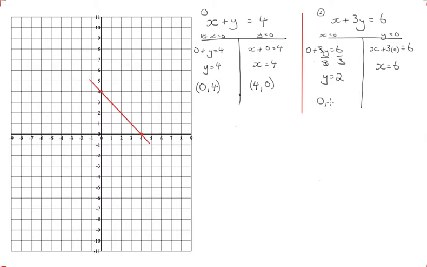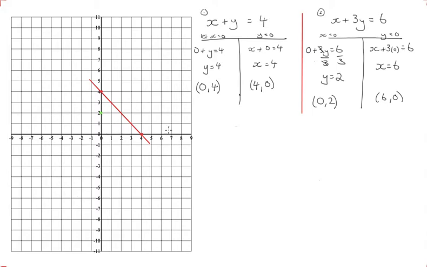So we have our first set of coordinates, (0, 2), and over here, y is equal to 0 and x is equal to 6, so (6, 0). Now we have these two coordinates. Let's draw the line. I'm going to use green. So (0, 2): 0 on the x-axis and 2 on the y-axis.